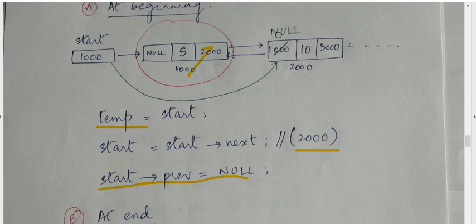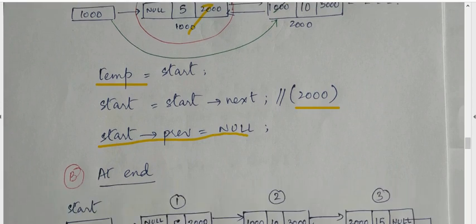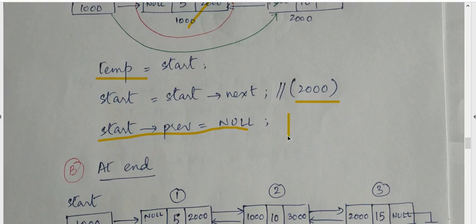You have to set this back to null, because now 10 is going to be your first node, so its previous pointer should be null. And after this, you just have to write free temp here. So this node has to be returned back to memory.